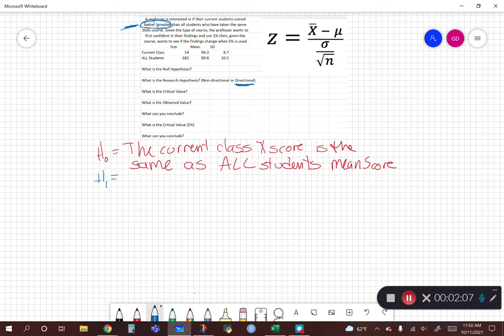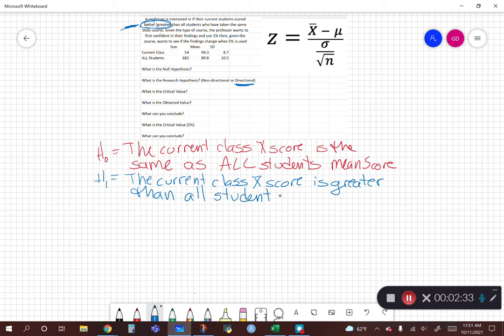So our research hypothesis is the current class mean score is greater than the all students score average. So I'm just saying it a bit differently, but getting at the same thing.